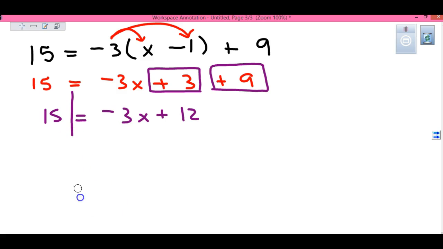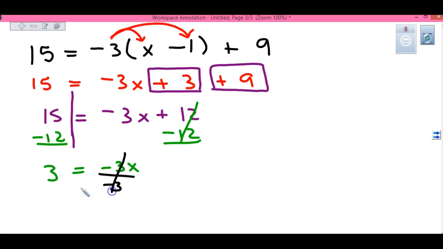Now we can solve like we normally do. Compare your answer. Are there questions on this?